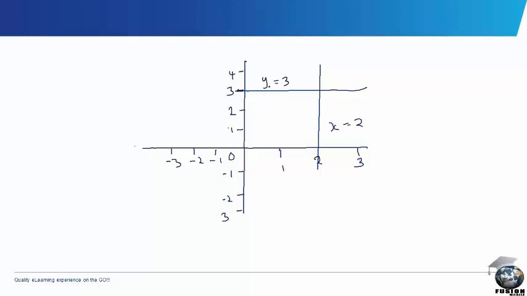From this we can say that the equation of a line parallel to the y-axis, which is at 2 units, is given as x equal to 2, as we have here. And the equation of a line parallel to the x-axis at 3 units is given as y equal to 3. As you can see.